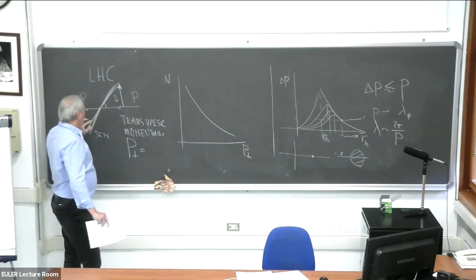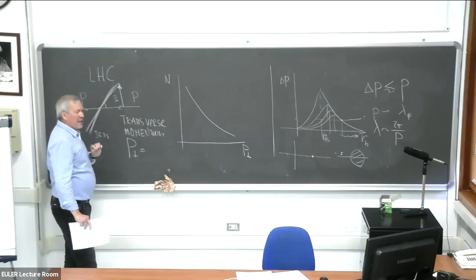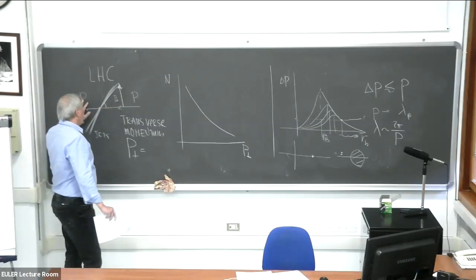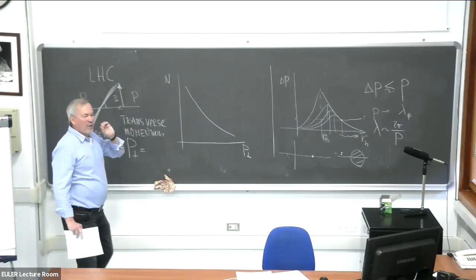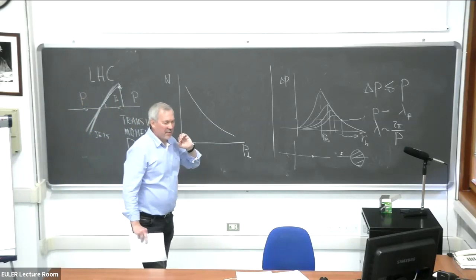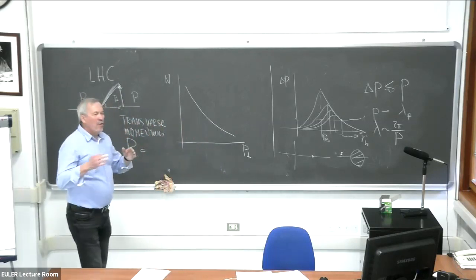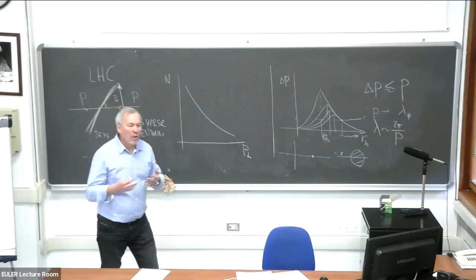So this scattering at LHC, and we will discuss this in detail later, can be considered as scattering of quarks within this proton and this proton. So you have essentially beams of quarks at LHC. And therefore, the final result here is the result of scattering of quarks on quarks.